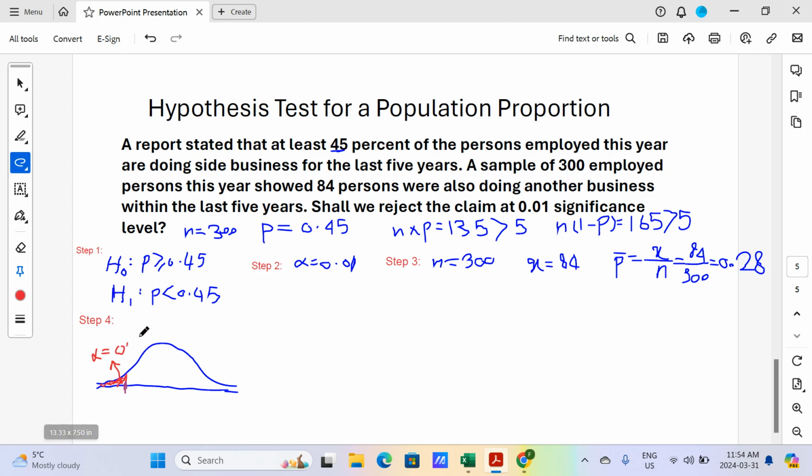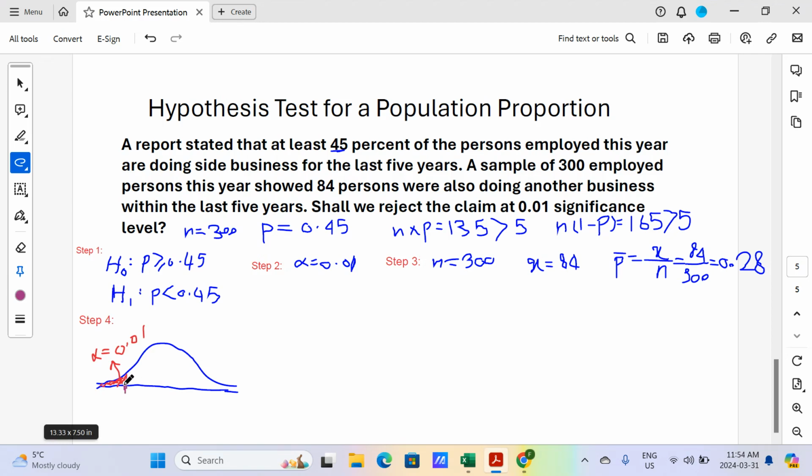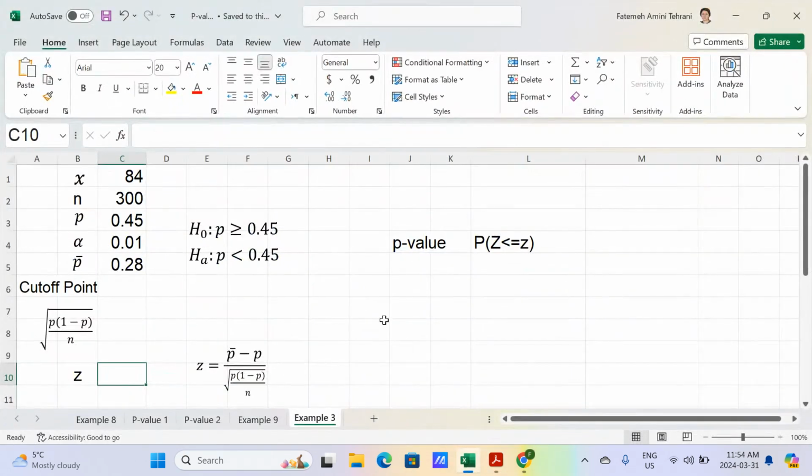Alpha is 0.01. So now I know the area of the rejection region is 0.01, and I know the rejection region is on the left side. I just need the cutoff point. To find this cutoff point, I need to go to Excel, and by using NORM.S.INV, I can find the cutoff point. Let's go to Excel to find the cutoff point.